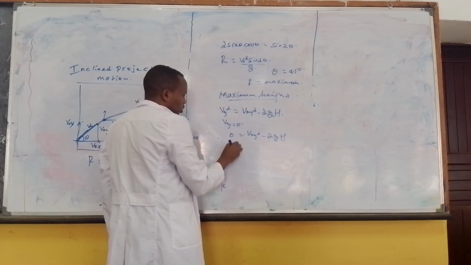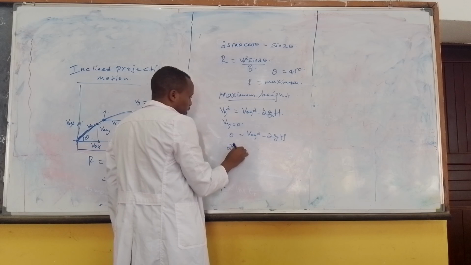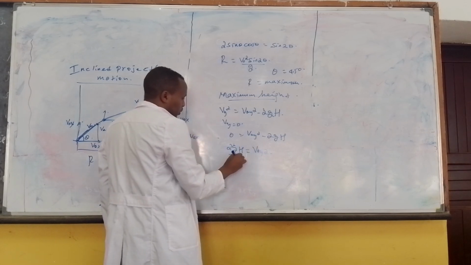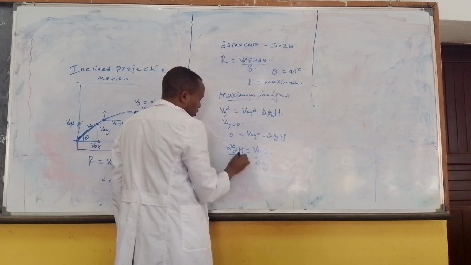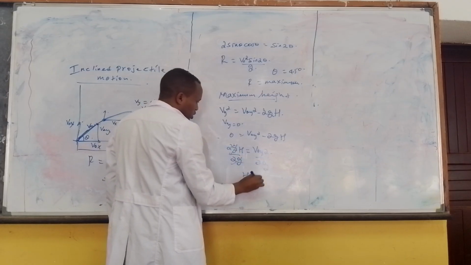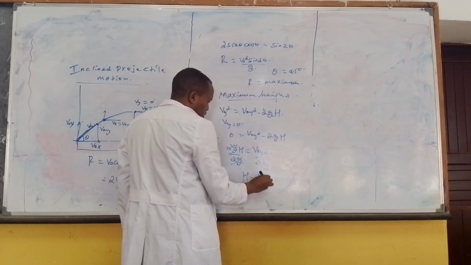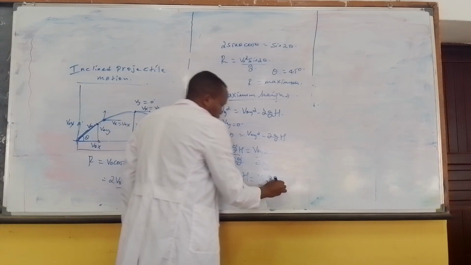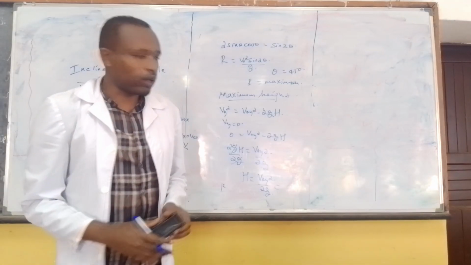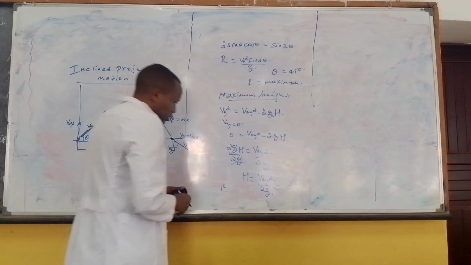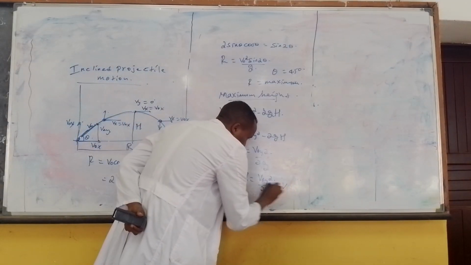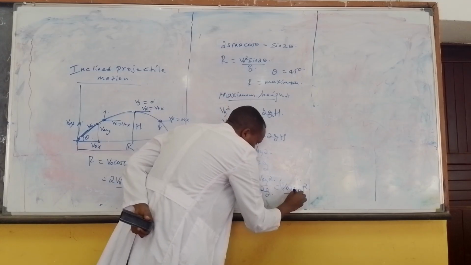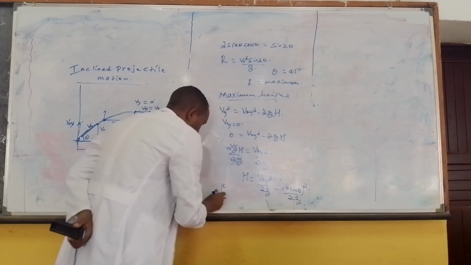So twice g times h equals V naught y squared. Dividing both sides by 2 times gravity, h equals V naught y squared over twice gravity. Since V naught y is V naught times sine theta, h equals (V naught sine theta) squared over twice gravity. This is the maximum height.